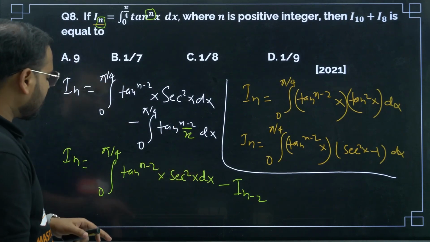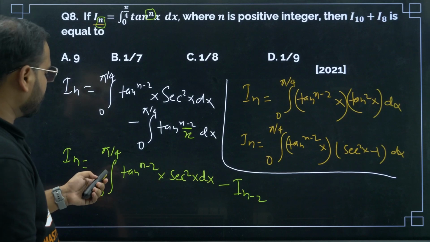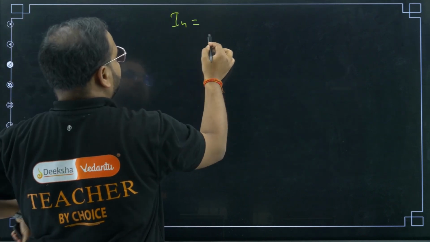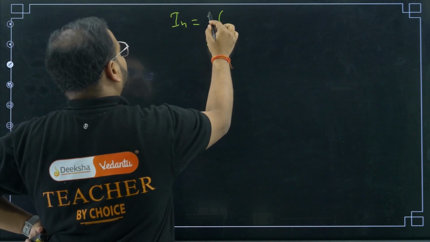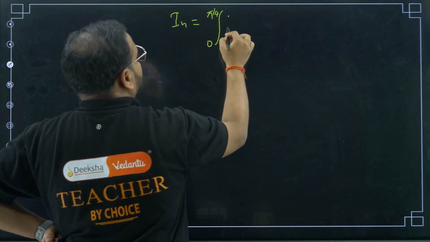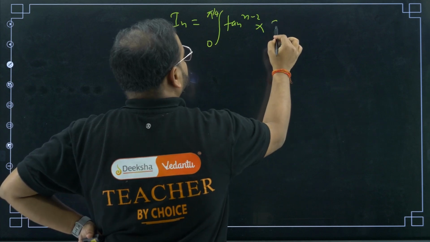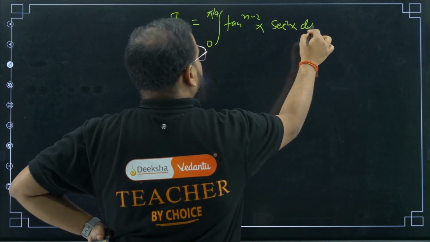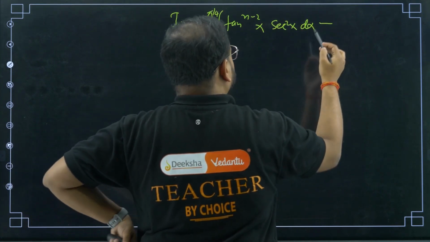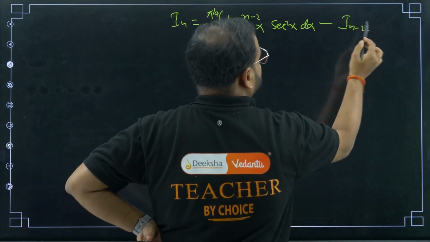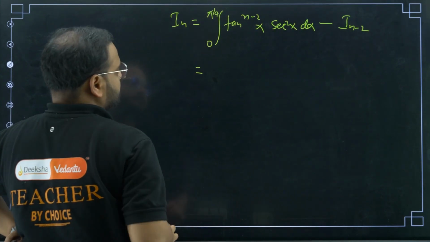Now I will have to do this integration. So my result so far is In equals the integral from 0 to pi by 4 of tan x to the power n minus 2 sec square x dx, minus I n minus 2.